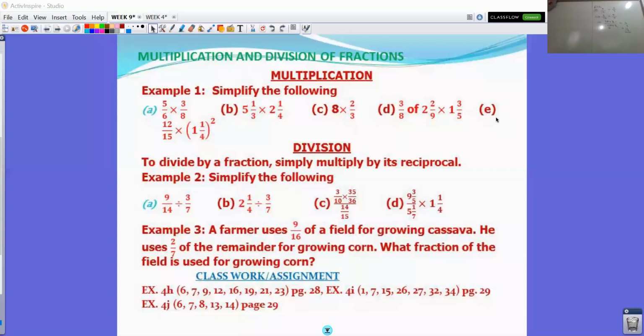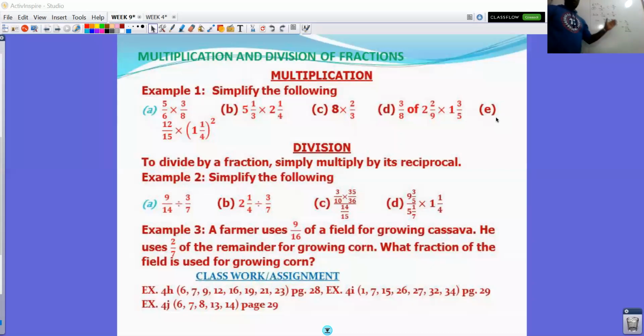Mister, they are saying the board is not clear. Is it clear now? Maybe because of the light. I think it's better like this. You should see it now. Okay, they are seeing it now.